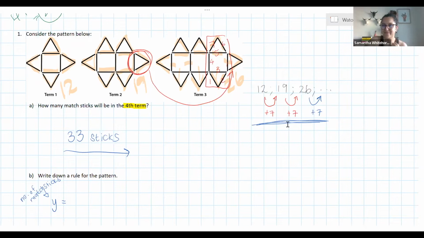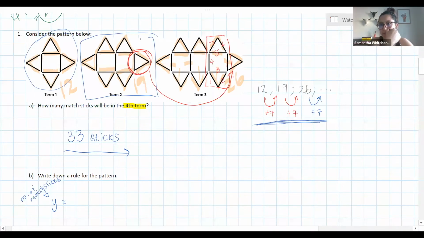How do you get 12 to 19? Okay, so all I did there was I counted how many sticks were in each image. In the first one, I counted 12, and then in the second one, I counted 19. Okay, cool.